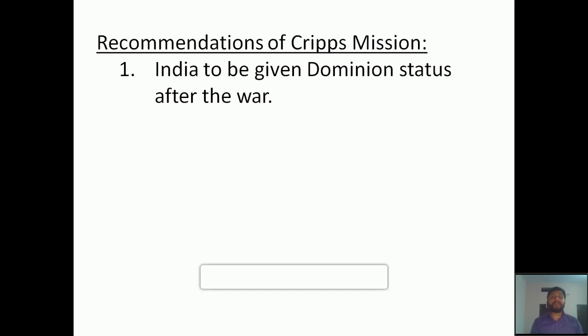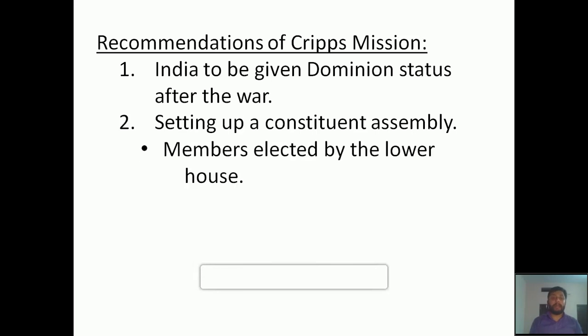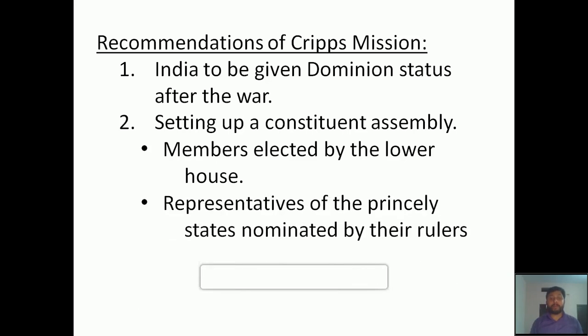The second recommendation was setting up a constituent assembly. In order to form the administrative structure, a constituent assembly will be set up. And how will it be? Members elected by the lower house along with representatives of the princely states nominated by the rulers.